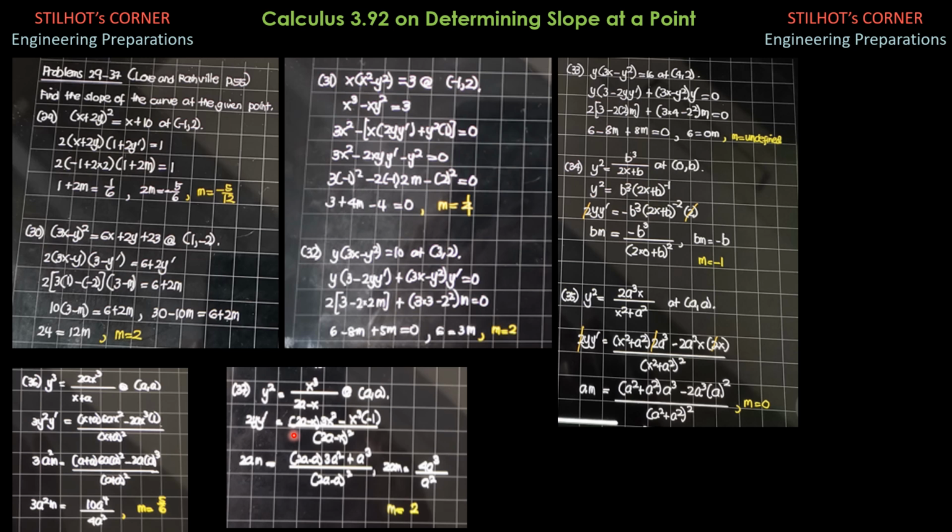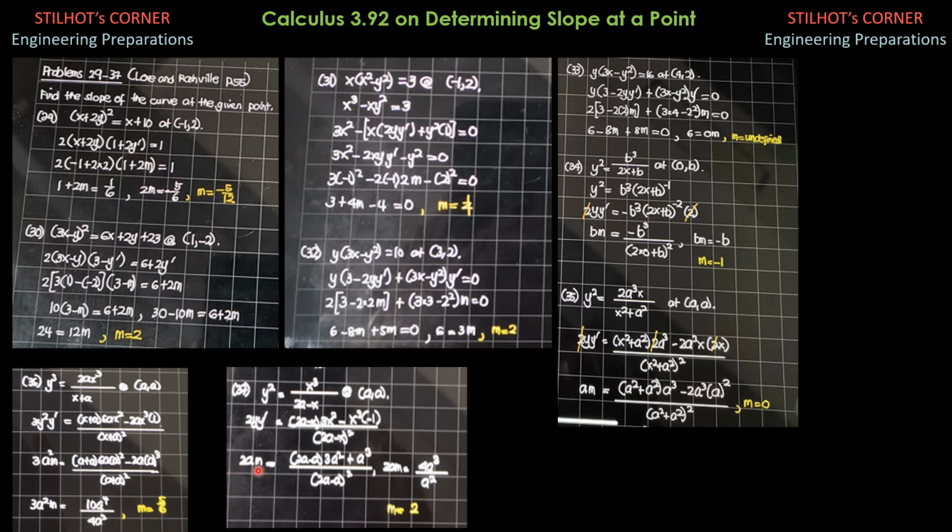Then we have quantity 2a minus a times 3a squared plus a cubed, or x cubed, so a cubed all over quantity 2a minus a squared. The numerator here is 3a cubed plus a cubed, so 4a cubed. The denominator here is a square times 2a square.